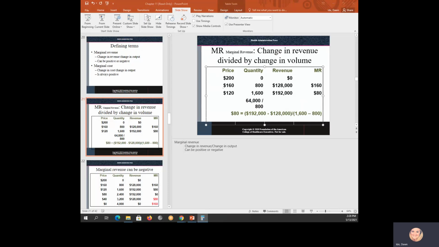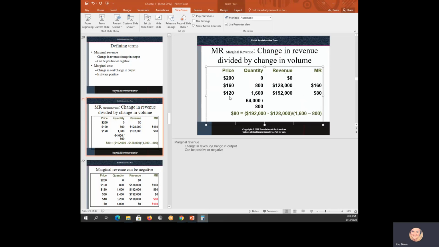So in this first line, there was no quantity sold, there was no revenue, so there was no MR. In the next line, we had 800 units sold. We had a revenue of $128,000, right? So change in revenue divided by change in volume. So for this year, we took 128,000 and divided it by 800 and got 160.